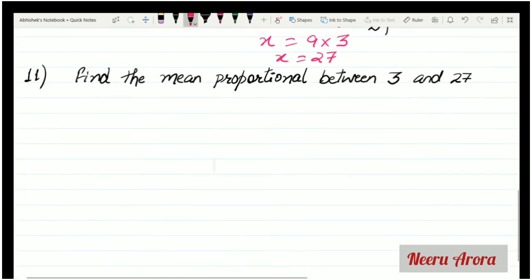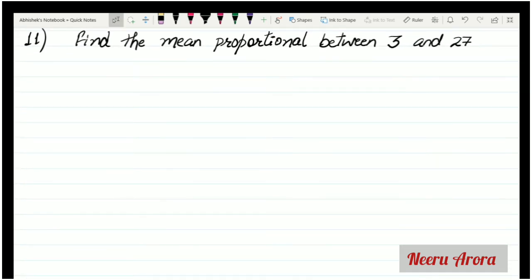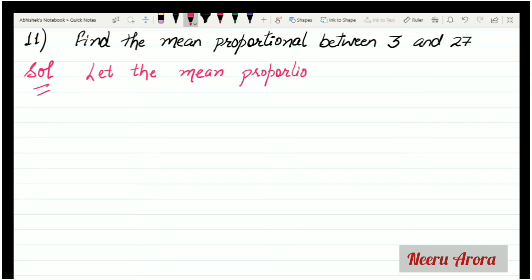Now look at the 11th sum. Find the mean proportional between 3 and 27. We want to find out the mean proportional. Let the mean proportional between 3 and 27 be y.